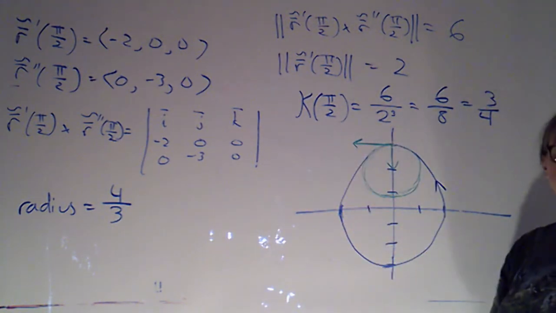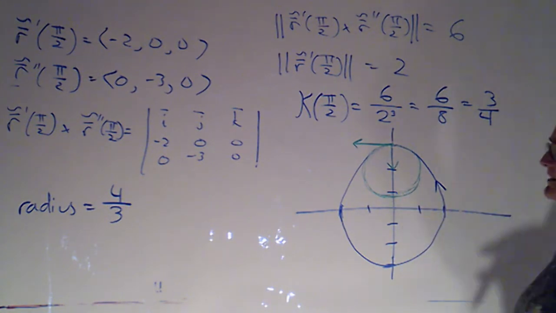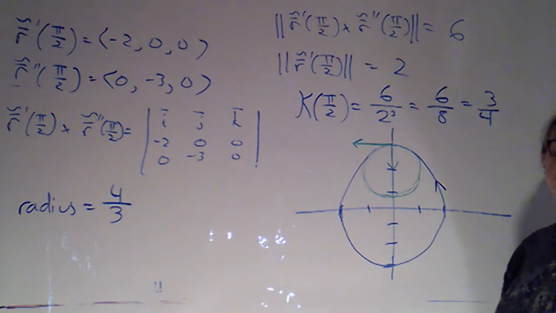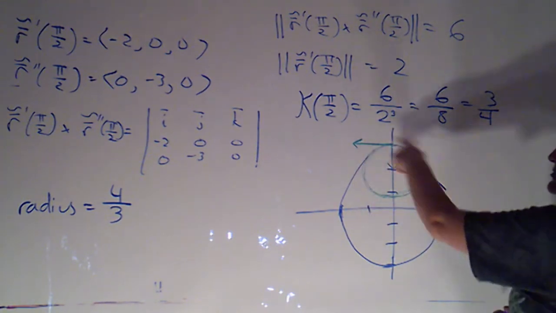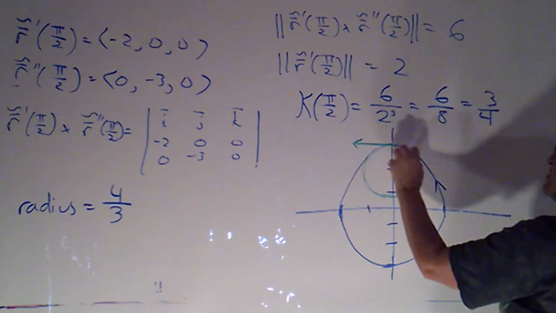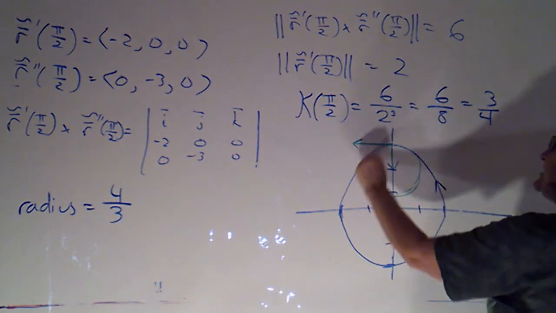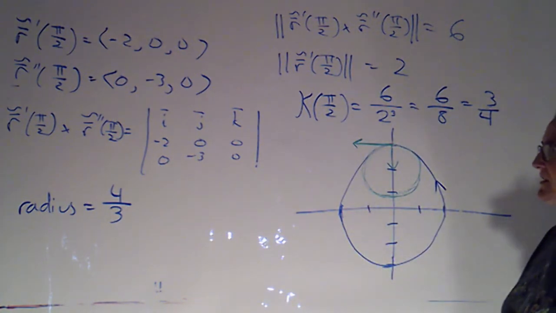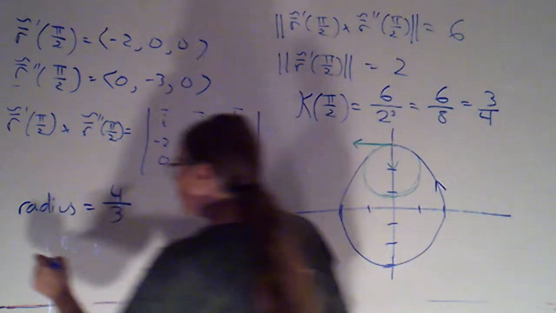Did I get it perfect? Of course not. But if I ask you just to sketch something by eyeballing it, that's the sort of thing I'm looking for. Did you make it so that your circle really lines up with the curve as much as possible?